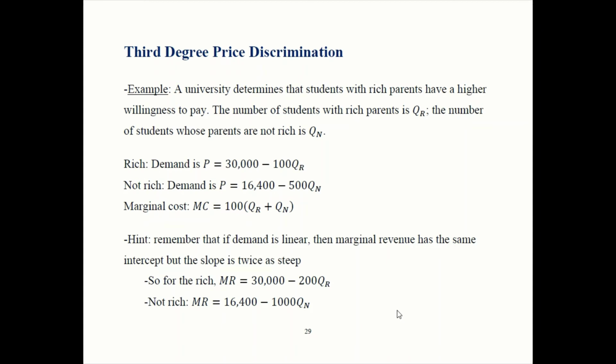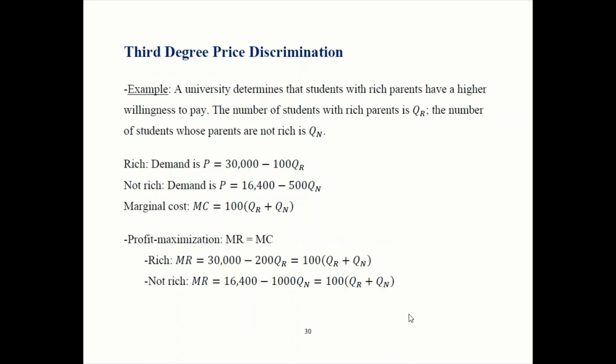Now let's use our profit maximizing rule. So this will involve a bit of algebra. So here's the rich student's marginal revenue curve, 30,000 minus 200 QR. We said marginal costs were 100 times QR plus QN, so we set those equal.